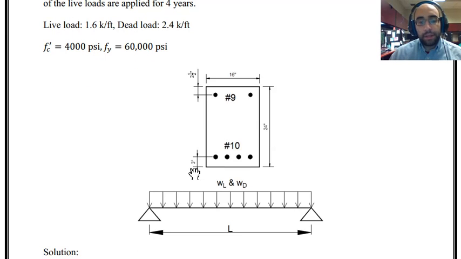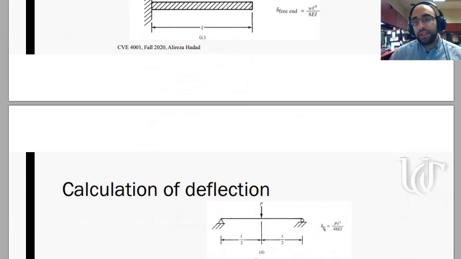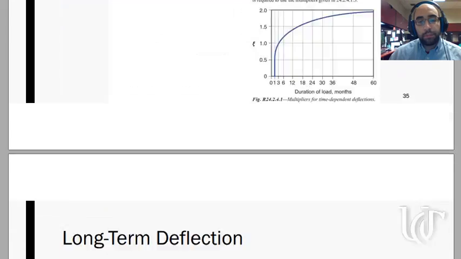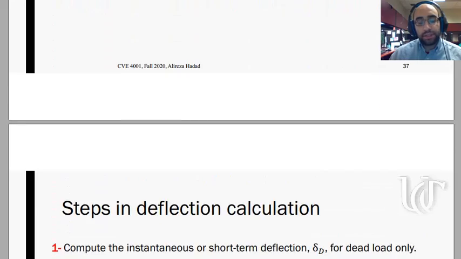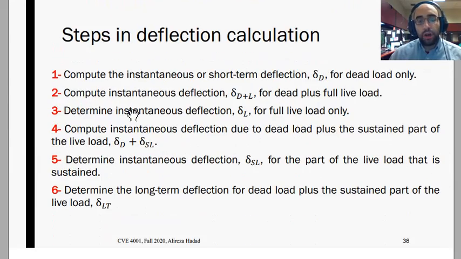As you can see, the information are listed, and what we need to do is to just follow the procedure that we had in the presentation file or in the sessions that we described last time. And based on these 6 steps that we talked about in slide 38, we can calculate the short-term or immediate and long-term deflections.